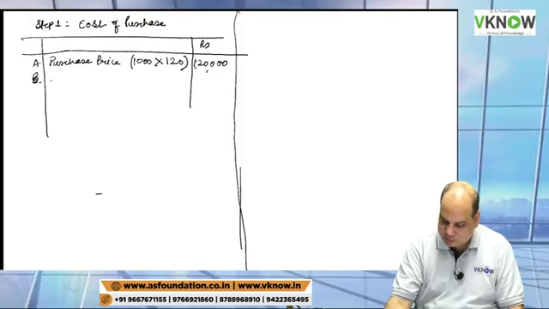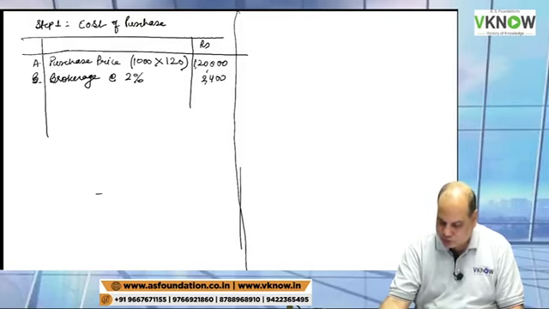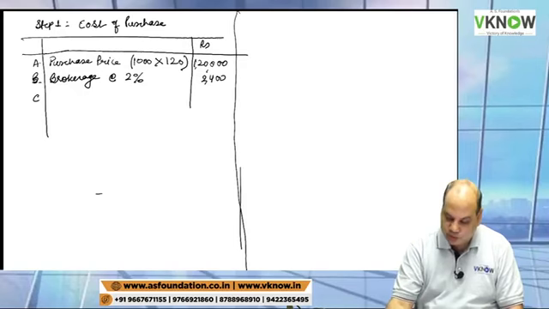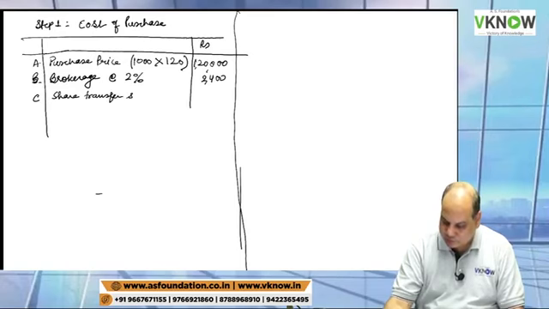Point B, write down brokerage at the rate of 2%, 2400. Point number C, write down share transfer stamp cost.